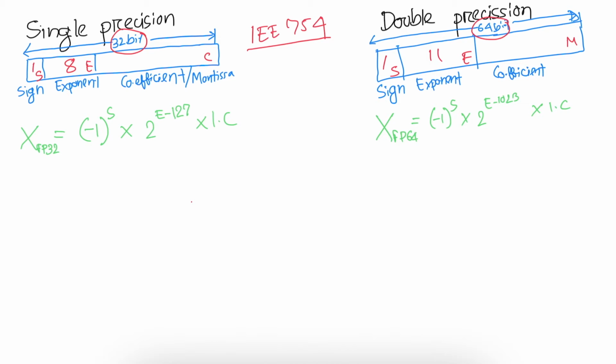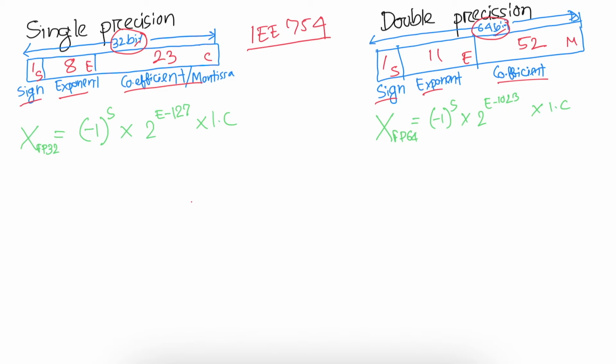Finally, the coefficient for single is the rest of the bits, 23 bits, and here it is 52 bits. So we have two types of representation: single precision with 32 bits and double precision with 64 bits for each number, each with a sign, exponent, and coefficient, and a different number of bits for each precision.